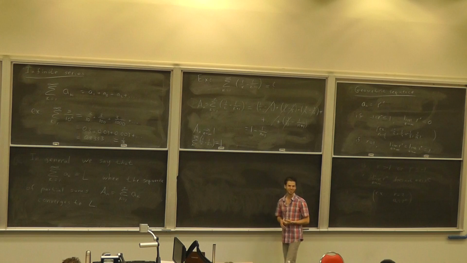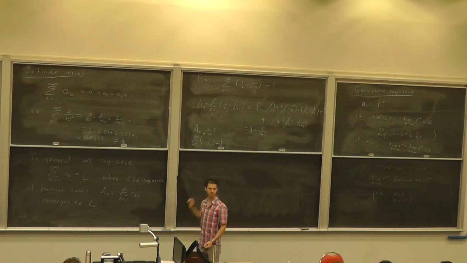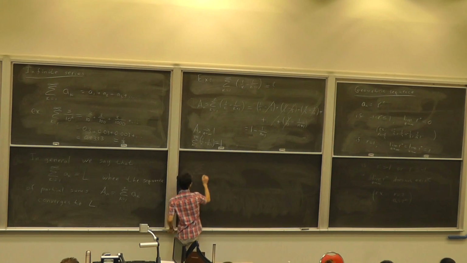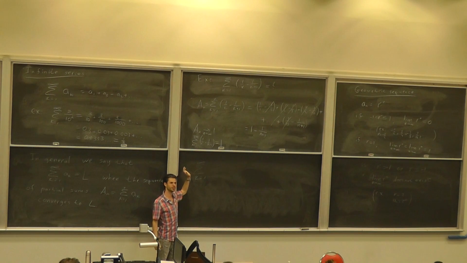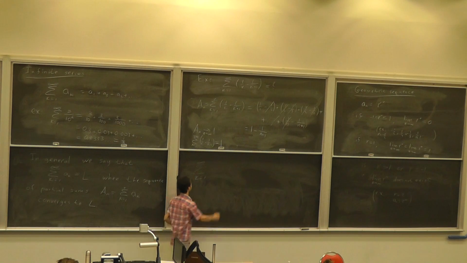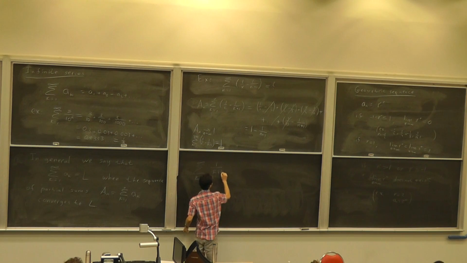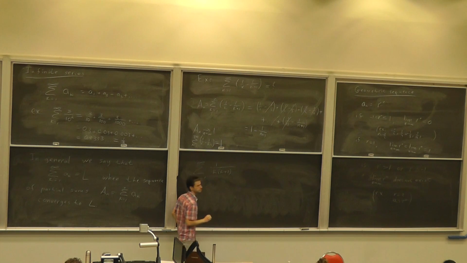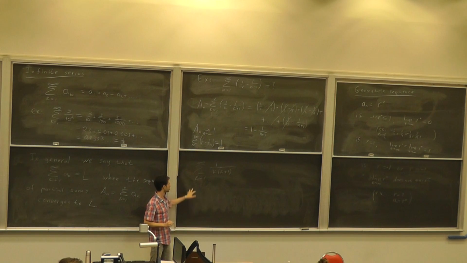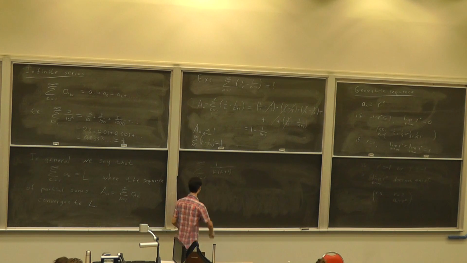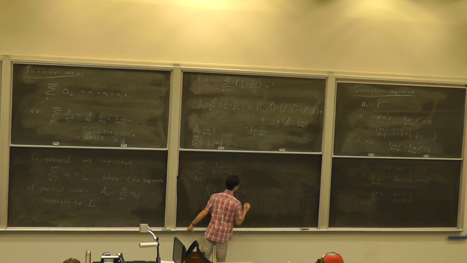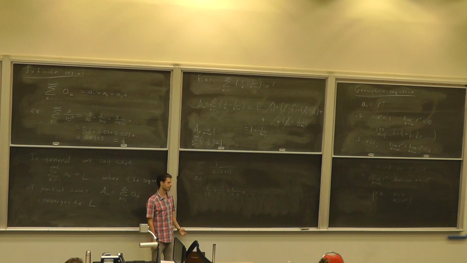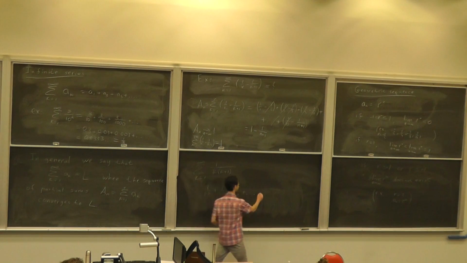If you want to impress somebody who didn't take this course, here's another sum which is as easy to compute as the previous one, but looks much more impressive. Now it's something like this: 1 divided by 1 times 2 plus 1 divided by 2 times 3 plus 1 divided by 3 times 4 plus and so on. I claim this sum is still equal to 1.